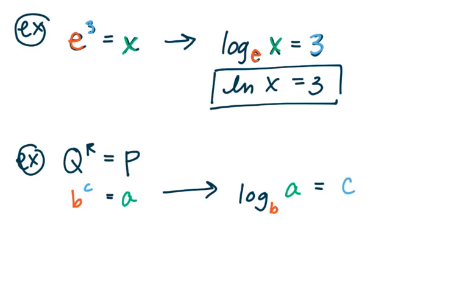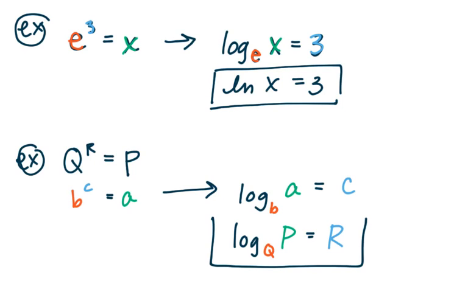So my b value is q. I've got log base q of p equals r. So the main thing we want to remember here is we want to feel comfortable changing forms. And the only way to get better at this is practice.